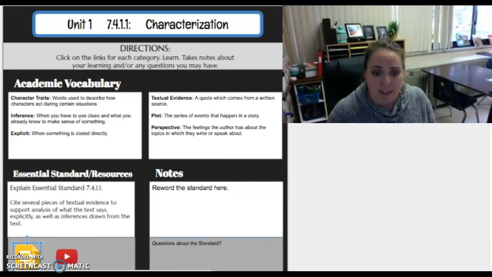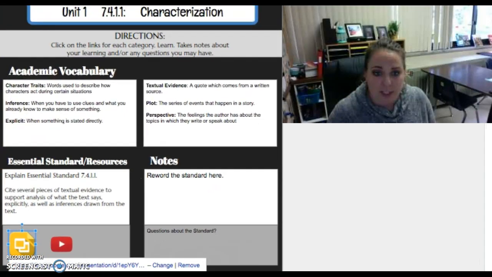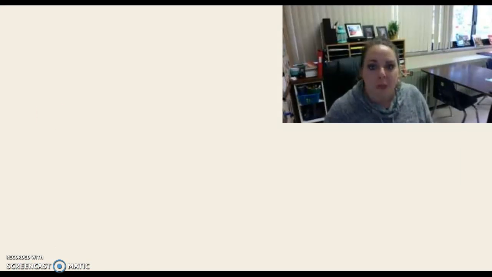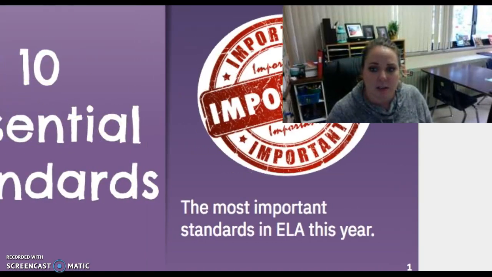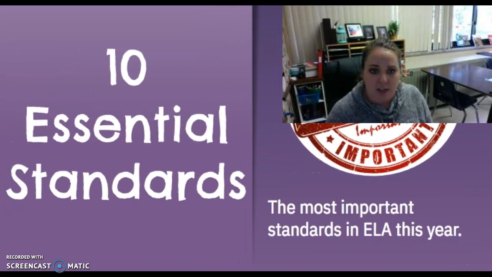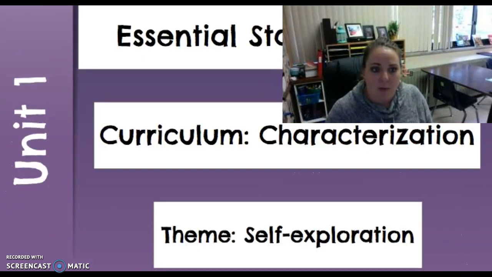So you should click on this icon that will bring you to a slideshow, and you can open up that slideshow and go through it, and then you'll know a little bit more about the standard. So this slideshow that I just clicked on teaches you about the standard.